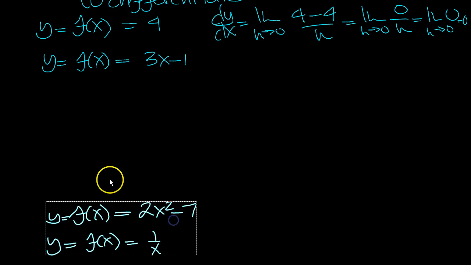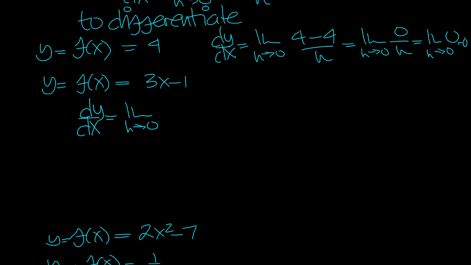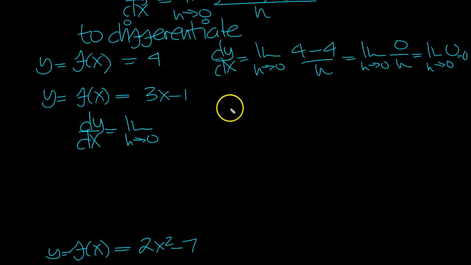And we said constants differentiate to 0, didn't we? So that agrees with our table. Here, dy/dx is equal to the limit as h tends to 0 of, now remember what it was? f(x plus h) on the top.